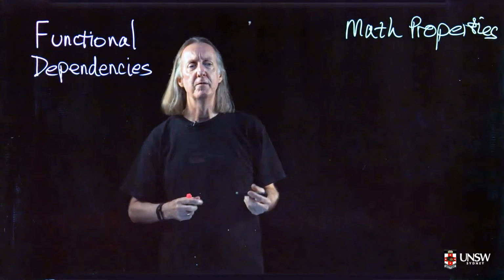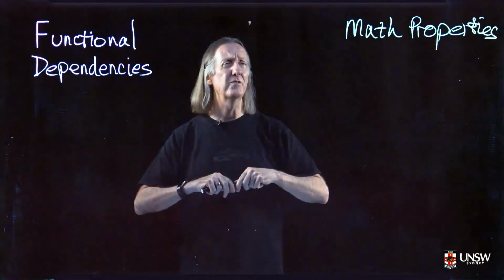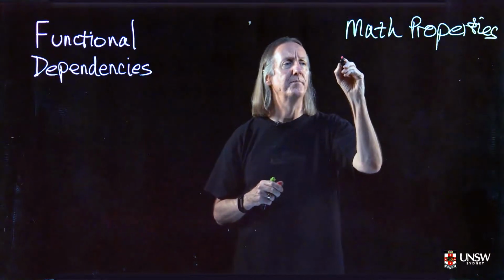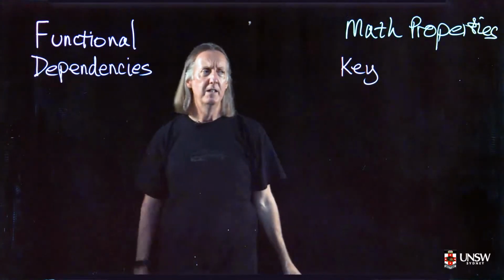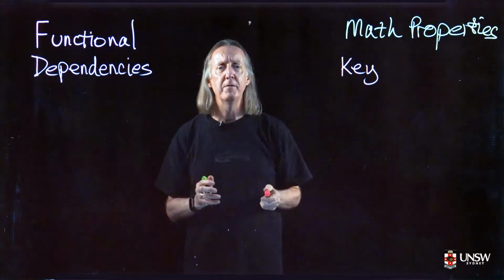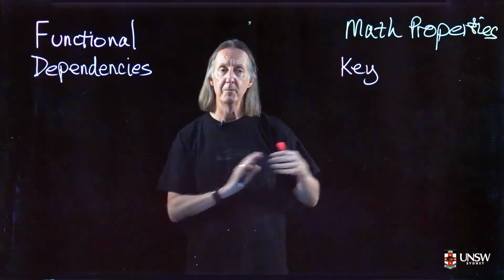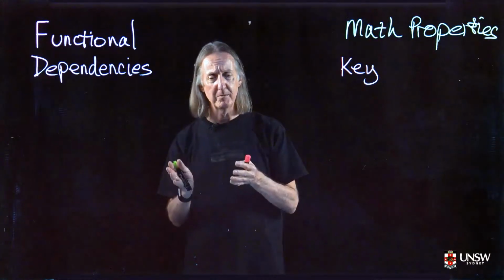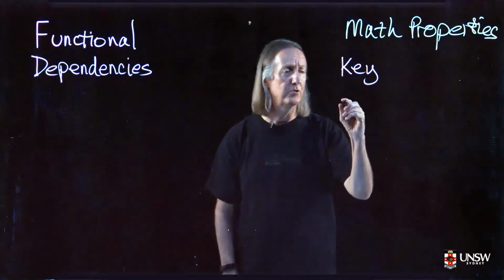Okay, so one thing that functional dependencies allow us to do is to characterize the notion of keys formally. So we can say that a key for a functional dependency will be a set of attributes, and those attributes functionally determine all of the other attributes. So given a particular value for a key, we know what the value for the rest of the attributes are.